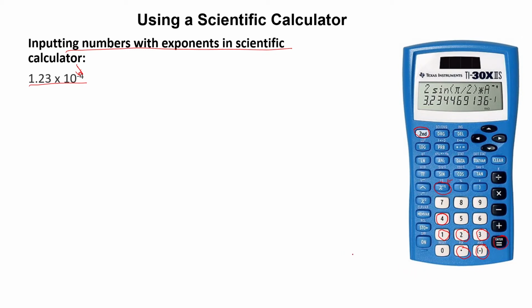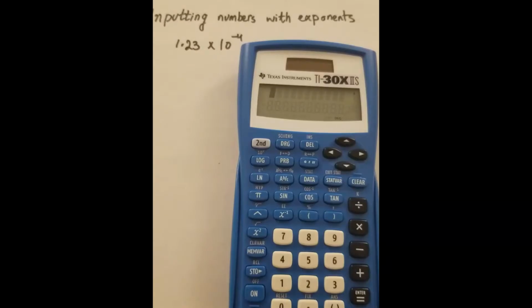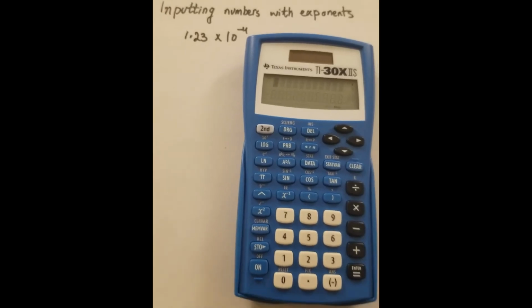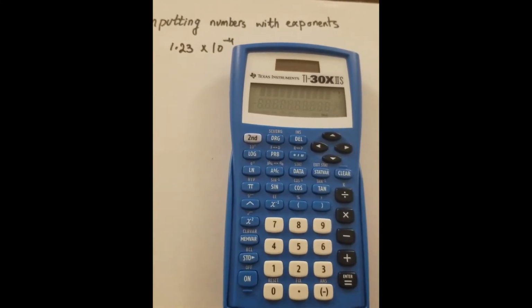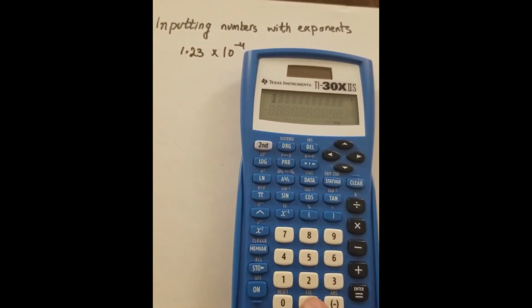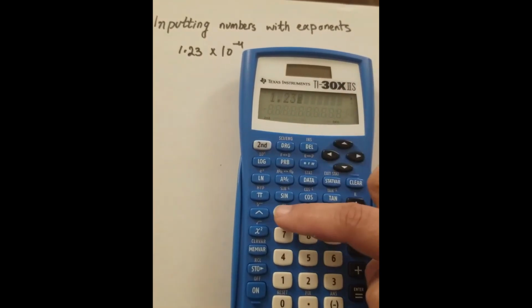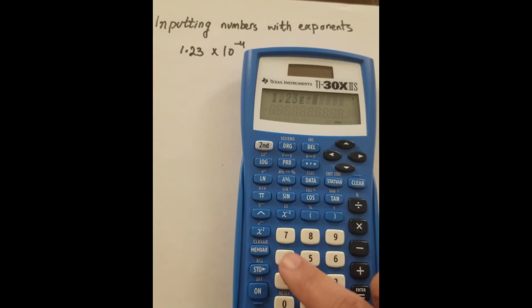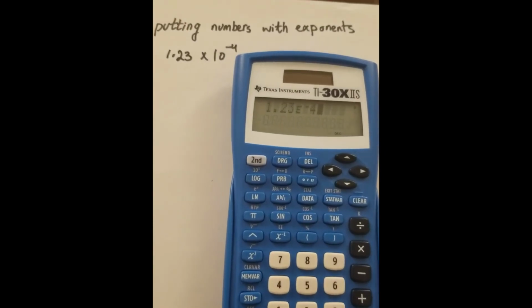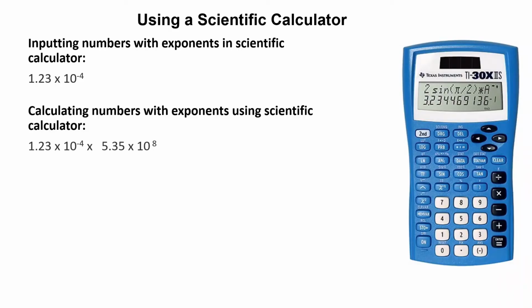You can check this short video to see how to enter these numbers in the calculator. Let's do another example. In this example, we are multiplying these two numbers with exponents.